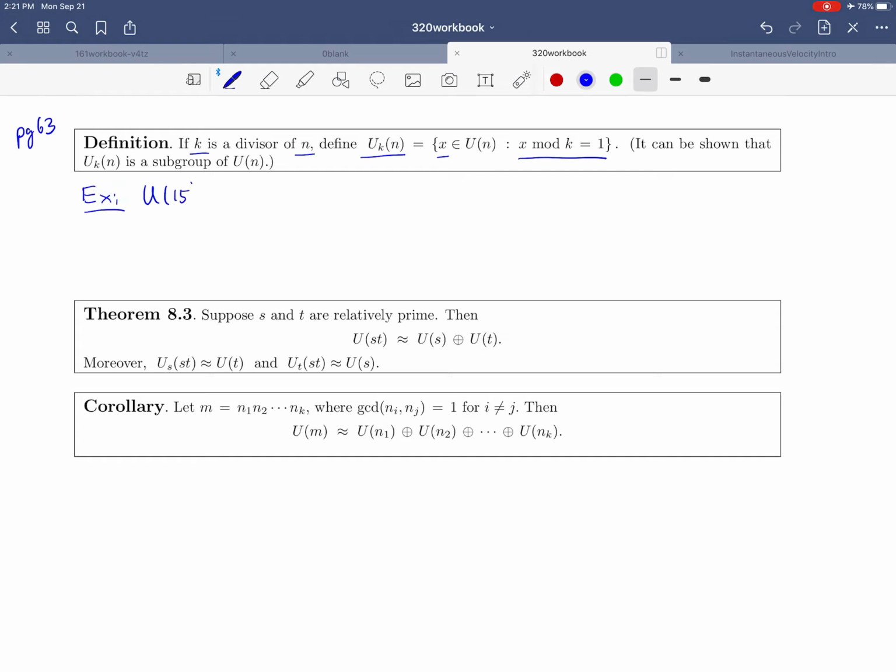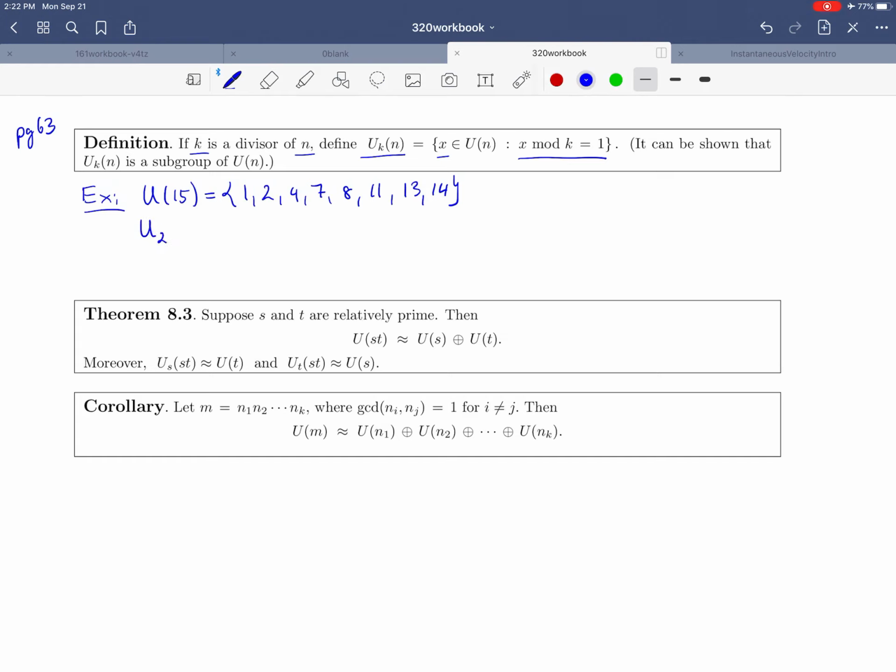If we are looking at U of 15, units mod 15, that is 1, 2, 4, 7, 8, 11, 13, and 14, all the numbers relatively prime to 15.